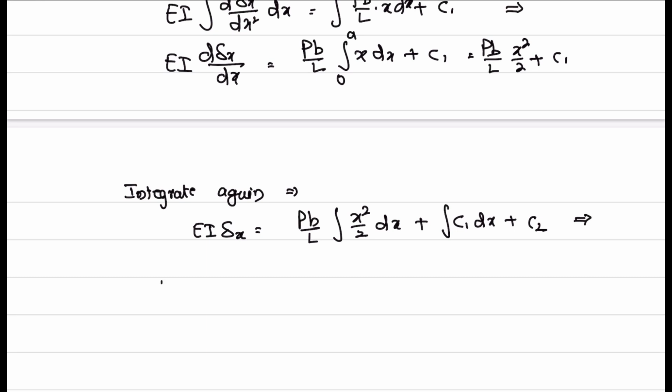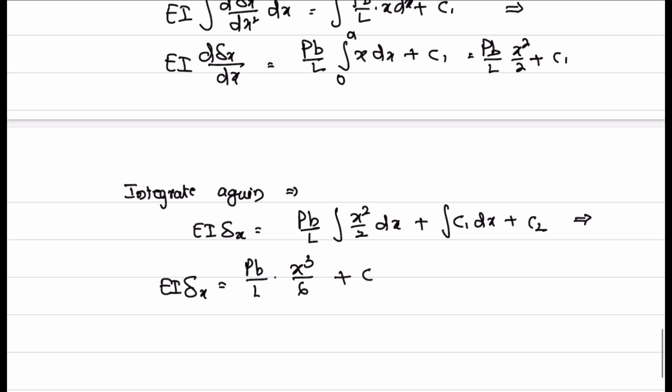That implies EI into delta x is equal to PB by L into x cube by 3 into 2 is 6, x cube by 6, minus C1 plus C1x.